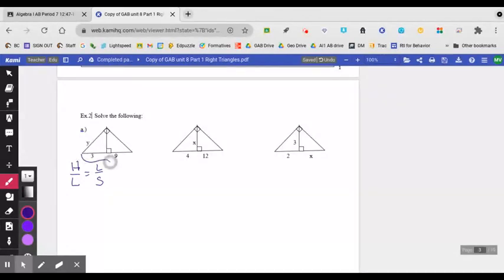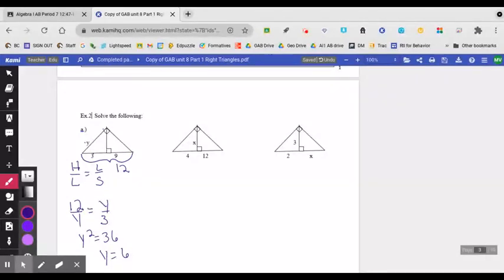The whole hypotenuse is 12, so 12 is to Y, which is my leg, as Y is to the segment closest to that leg, which is 3. That gives me Y squared equals 36, so Y equals 6. I only have to use the positive value because I'm doing the mean proportional.